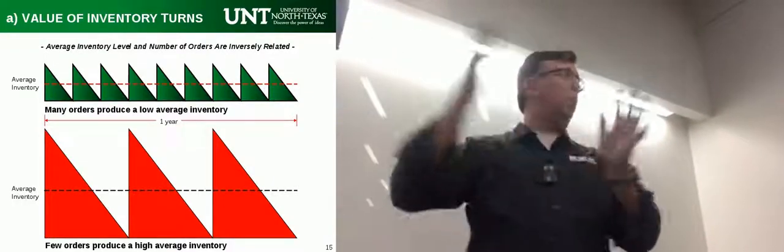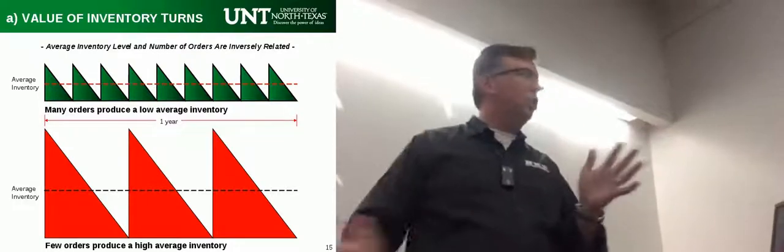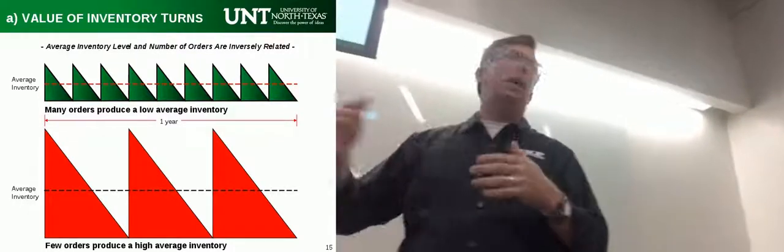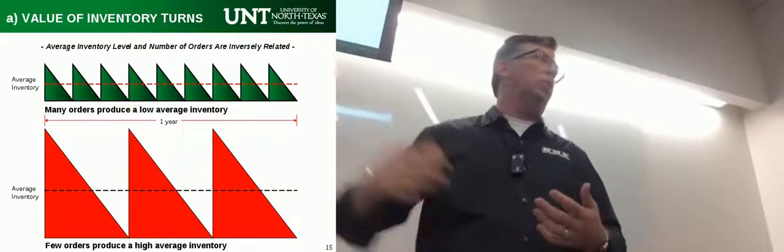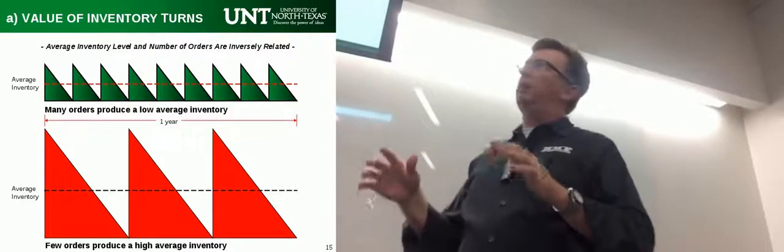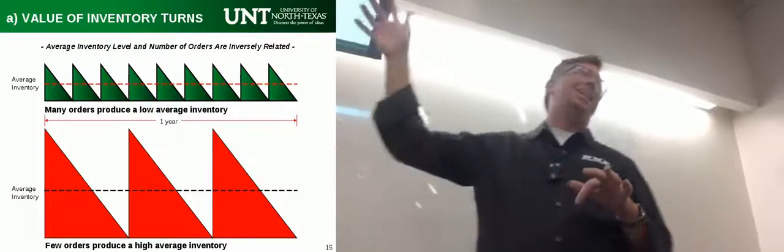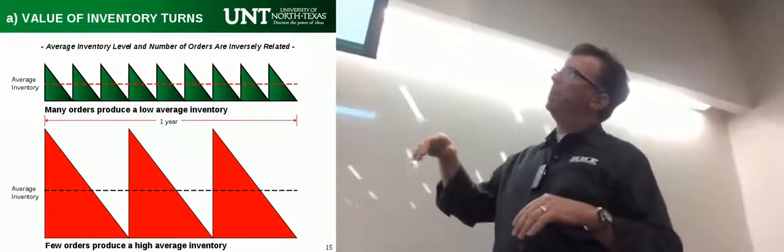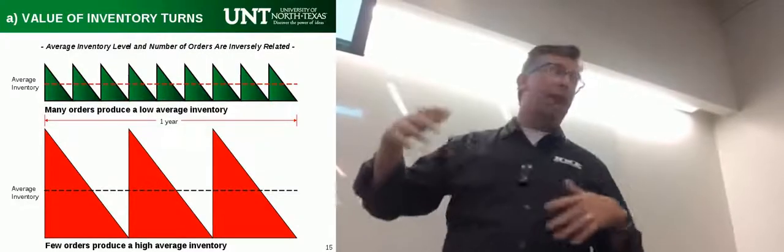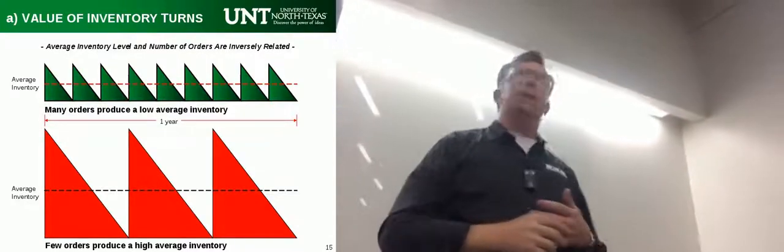That average inventory is a lot lower if I'm replenishing more rapidly than if I'm buying in huge chunks and it's slowly being consumed over time. So there are some trade-offs to that. Obviously, I've got to have a mechanism to identify when I've got to reorder, and I've got to have people involved in doing that.